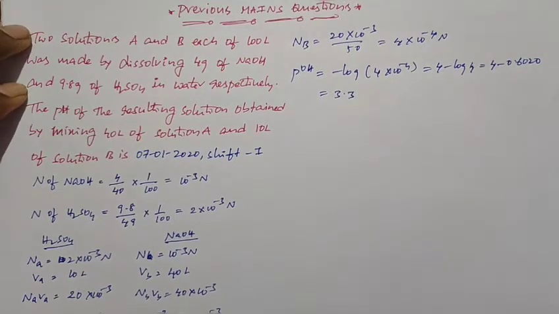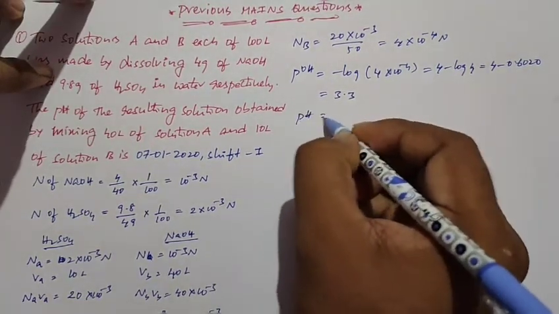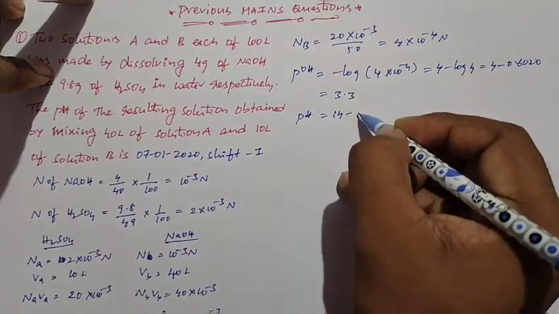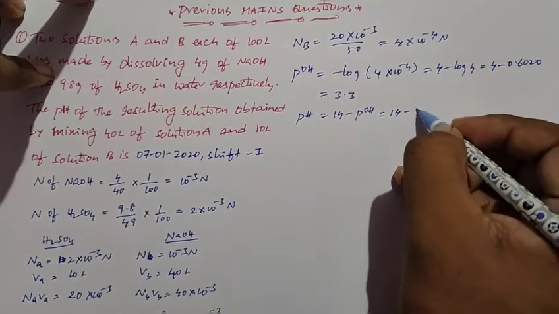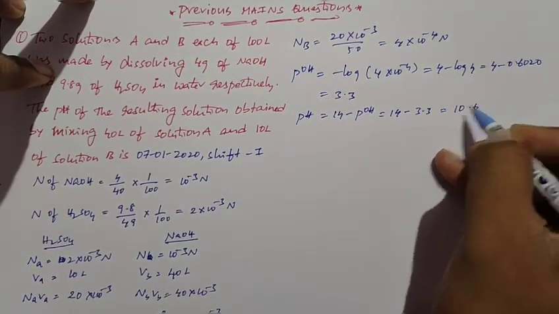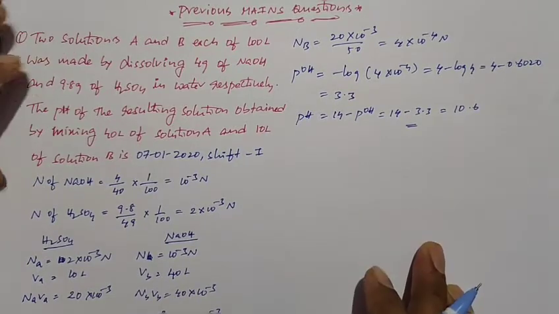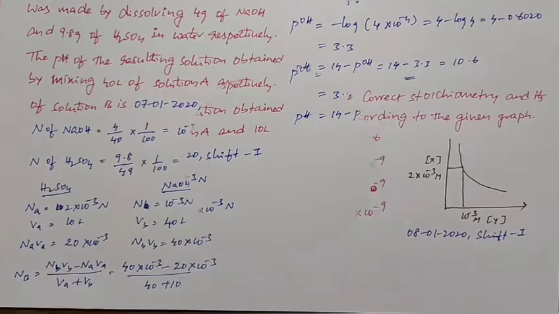You get 3.3 as the pOH. But they ask for pH. So pH is equal to 14 minus pOH, that is 14 minus 3.3. Then we get 10.6 as the pH of the resulting solution. That's all. Okay students, so this is the next problem.